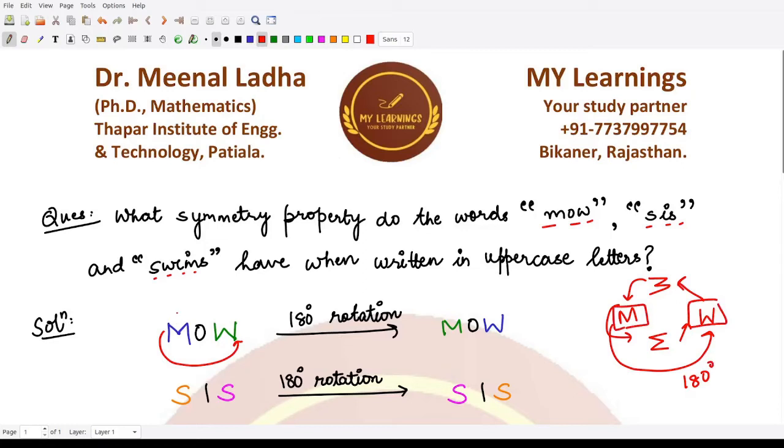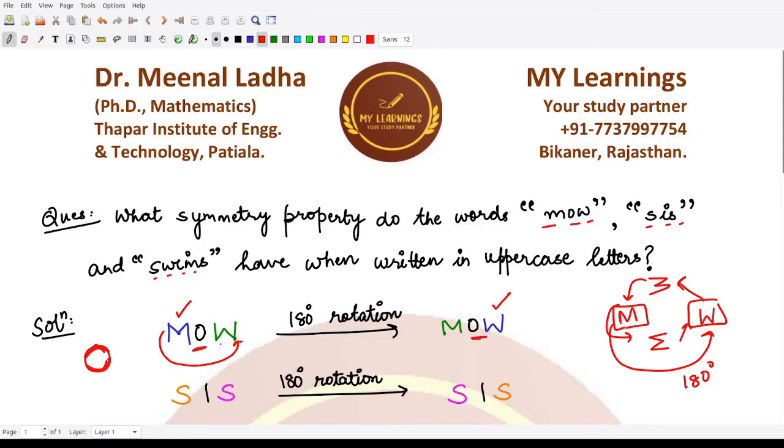So I have marked this in blue here and blue here, showing that this M is the same as this W when rotated by 180 degrees. O would be the same because it is oval in nature. Hence, when you rotate it by 180 degrees, this portion would come to this portion and the lower portion would go to the upper portion. So O would remain O, correct?